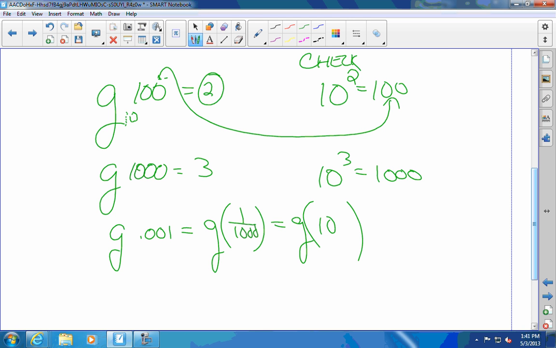What kind of power does it have to be if it's a fraction? Negative. How many zeros on the 1,000? 3. Okay. So we call the inverse function, which we're going to give a name shortly, where the base is not written in. I can't tell you what we call it because then I give away the surprise for today. But I'll come back to this.